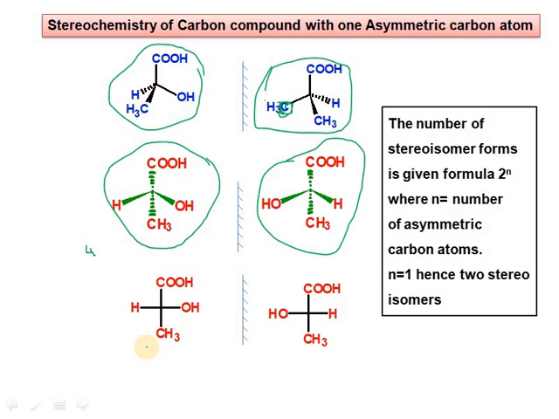These are Fischer projection formulas of lactic acid. The horizontal lines show groups above the plane of the paper, and the vertical lines show groups below the plane of the paper. Hence the Fischer projection formula can be drawn like this.